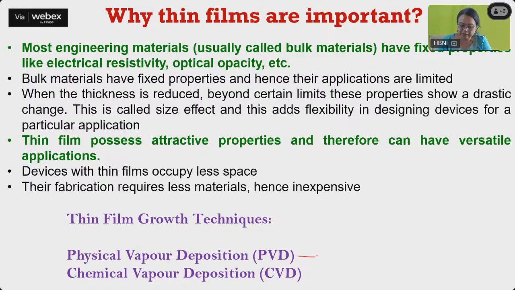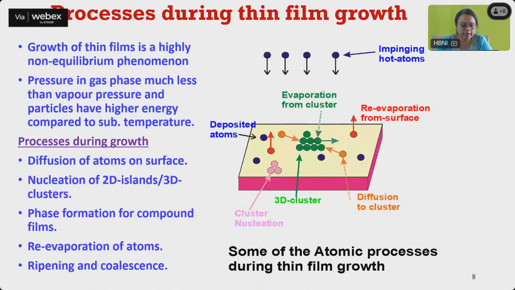We started with the physical vapor deposition technique, and in this we were discussing thermal evaporation. Before that, we discussed the different ways a thin film grows: island growth, layer by layer growth, or a combination of island and layer by layer.